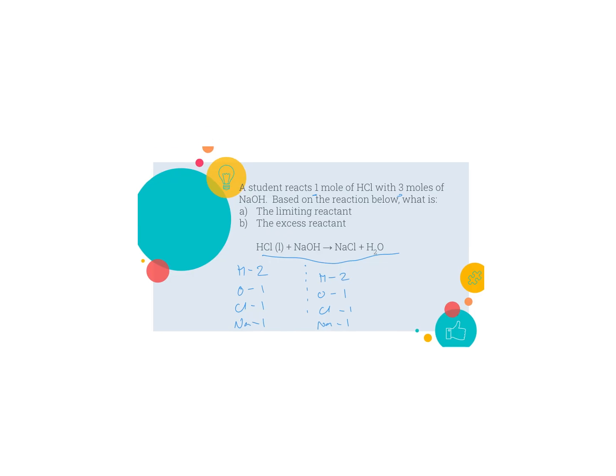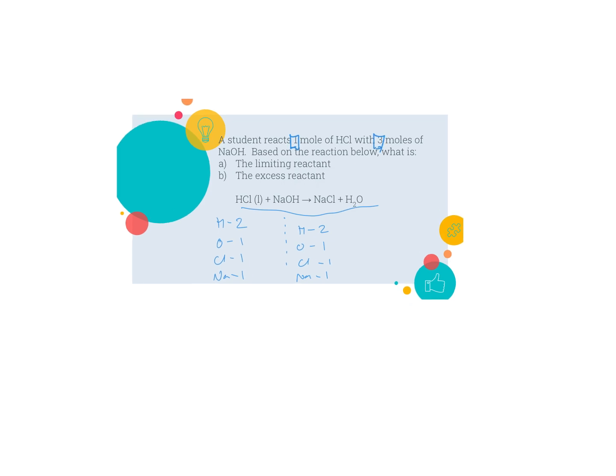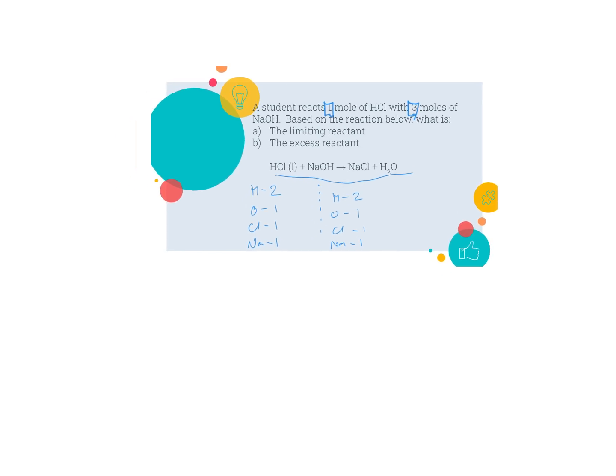And so all we need to do is find the number of moles of HCl and NaOH, which are given to us here. And so if we want to do HCl first, we would take the number of moles, which is 1 mole, and multiply it by the mole ratio. Since these are 1 to 1, the mole ratio is 1/1, and so we need 1 mole of HCl for the reaction. We do the same thing for NaOH.